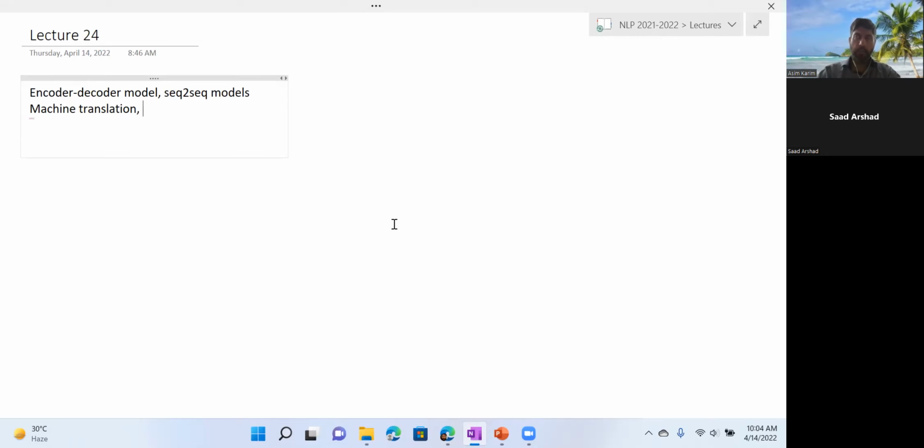So encoder decoder can also be used for example, paraphrase generation, where the input text is some passage or a sentence, and the output text is another passage that conveys the same meaning as the input text, but in different words. So it's a paraphrase. So encoder decoder can also be used for summarization, where the input, of course, is a document or a passage, and the output is a summary of that passage.